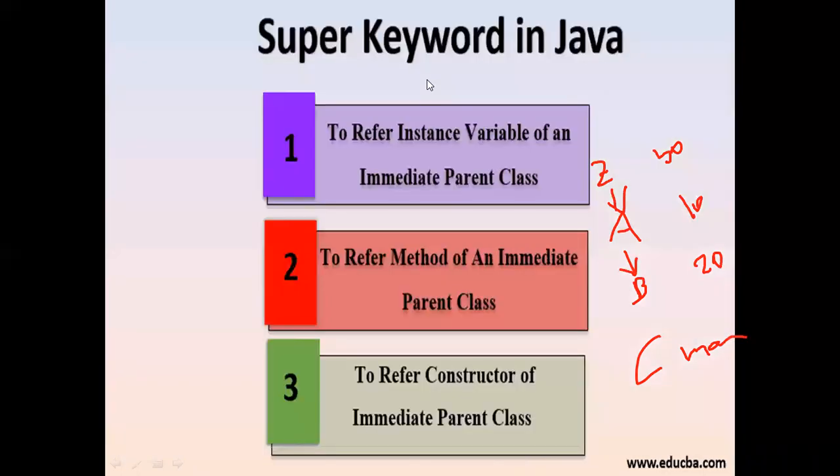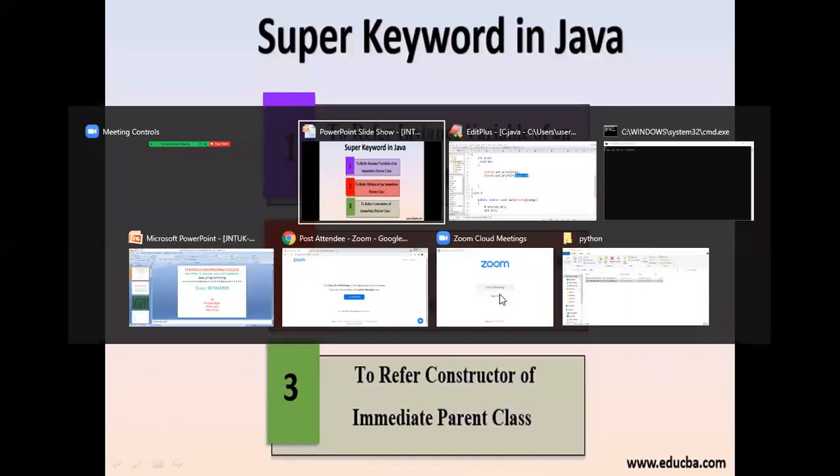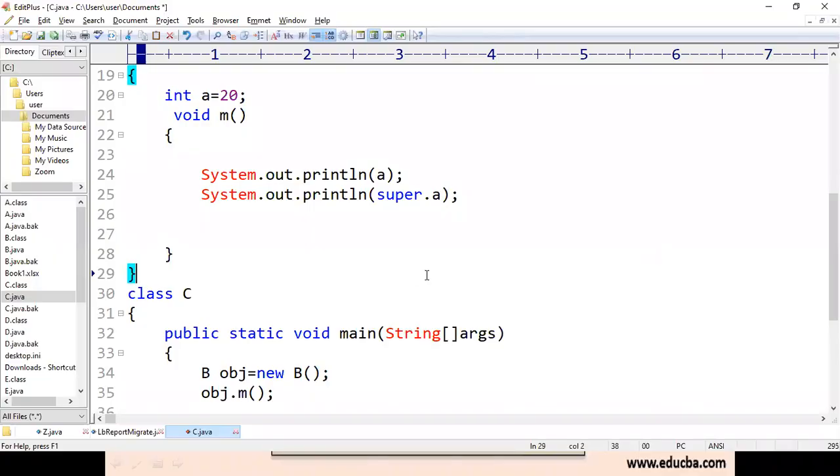So the super keyword is used to print the instance variables of the immediate parent class, and then it is used to refer to the method of an immediate parent class. Let us see how we can refer to the method of the immediate parent class.